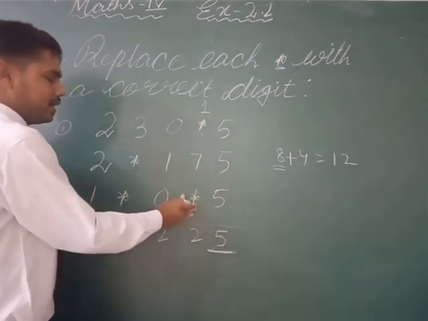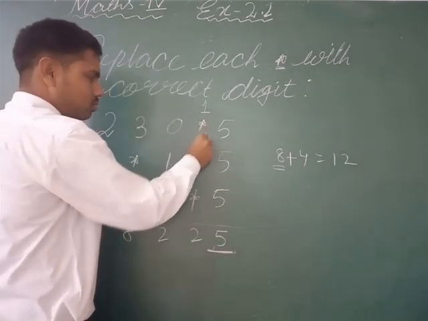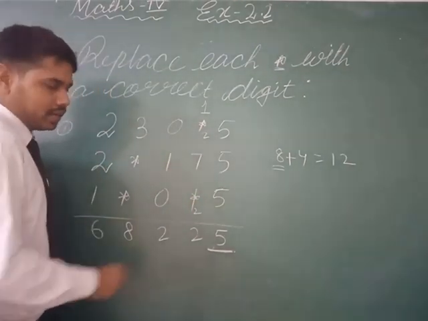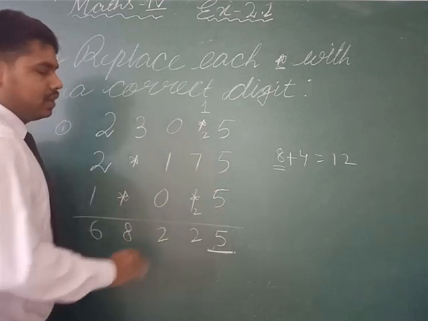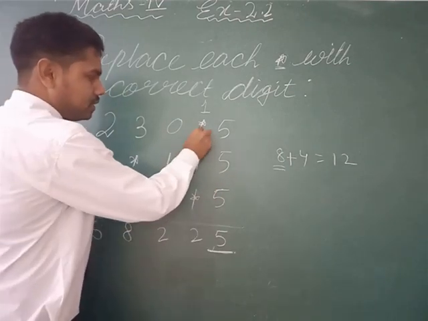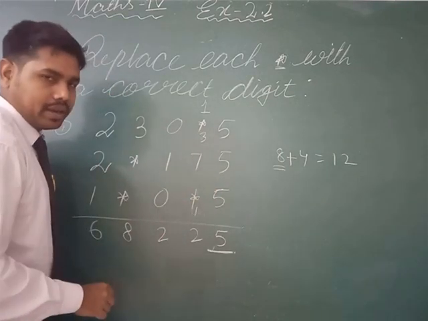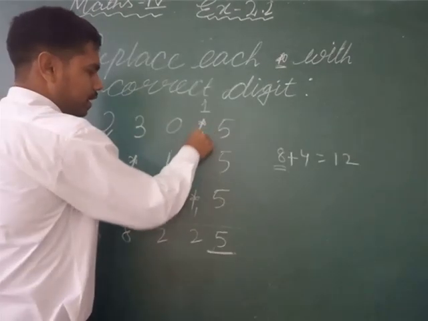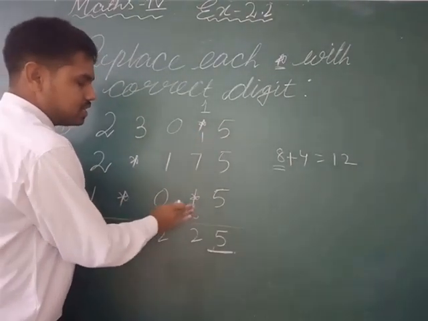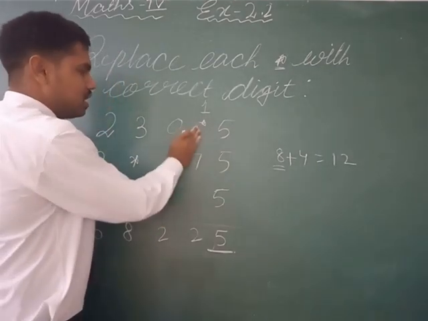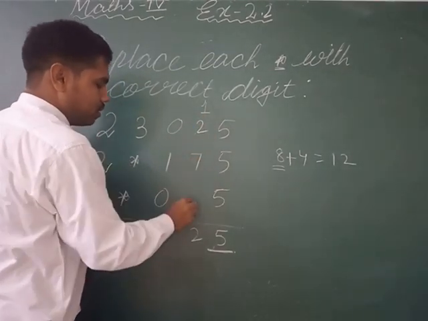Okay, another answer it may be here 2, here 2. Right? So 2 twos are 4. Another answer it may be here 3, here 1. Right? Another answer it may be here 1, here 3. So it depends upon you which number you are writing. So let's write, I am writing here 2 plus 2.